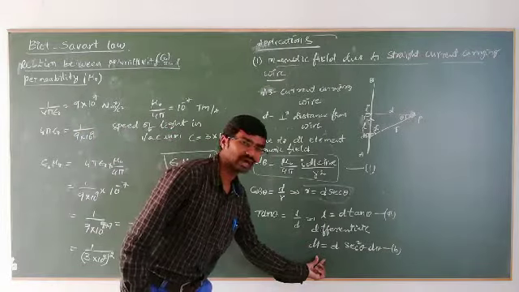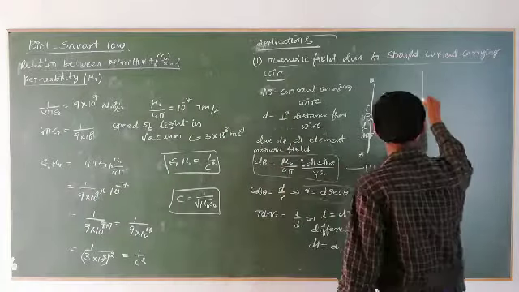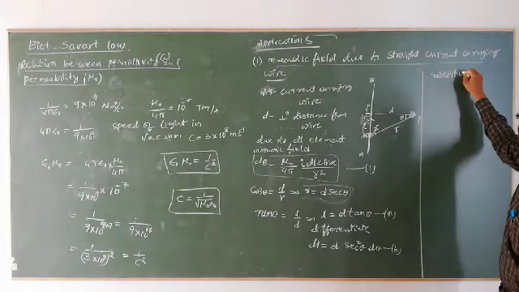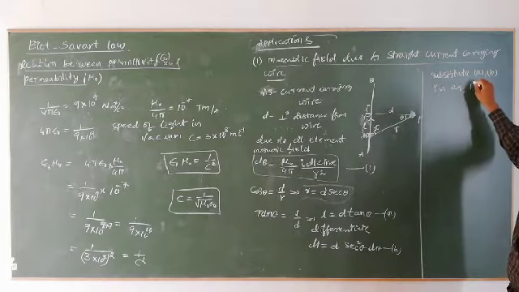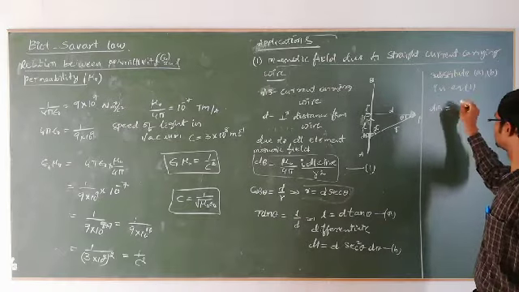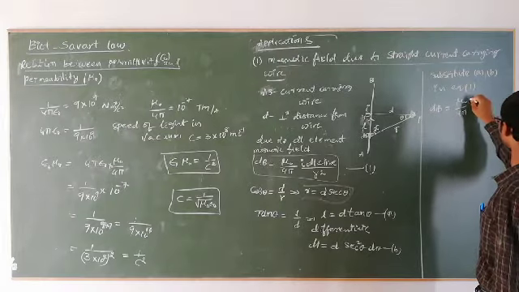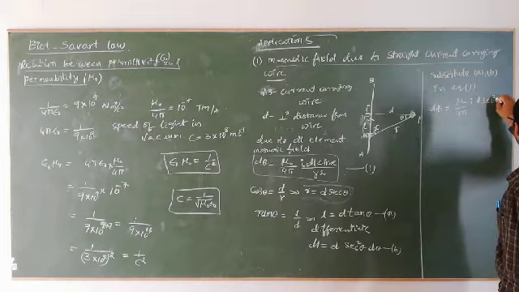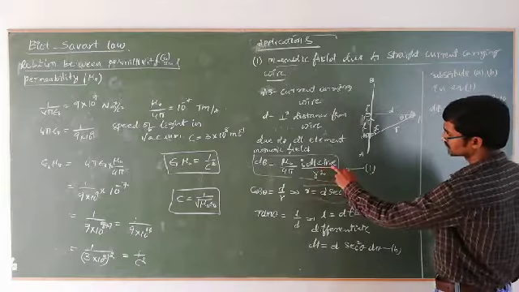Now we substitute these values in equation 1. Let me substitute A and B in equation 1. So what do you get? dB is equal to mu naught by 4 pi I into dl, which is d secant square theta d theta, into sine alpha.